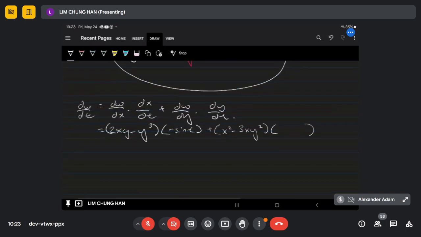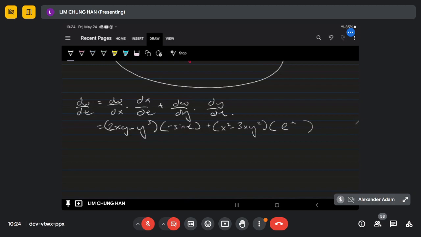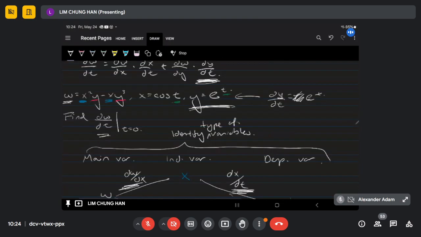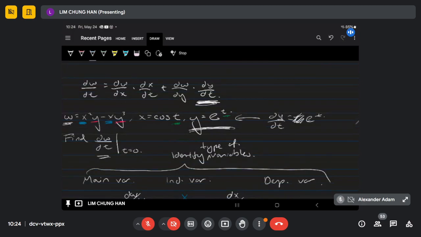So therefore e^t. But this is not the full answer yet, because then what it wants you to look for is at t equals 0. If you look at the question, find dw dt when t is equal to 0.